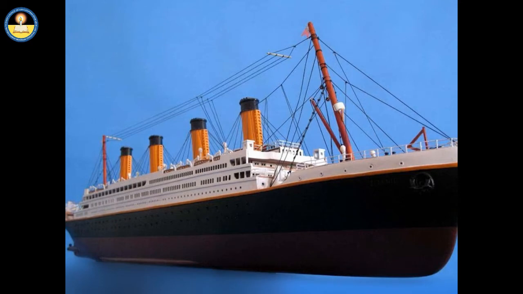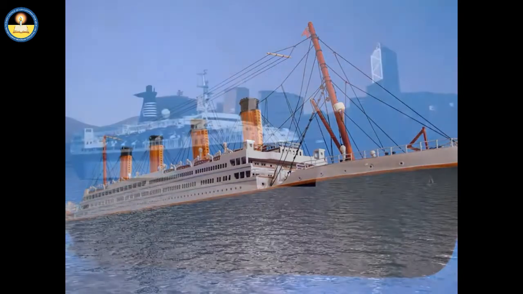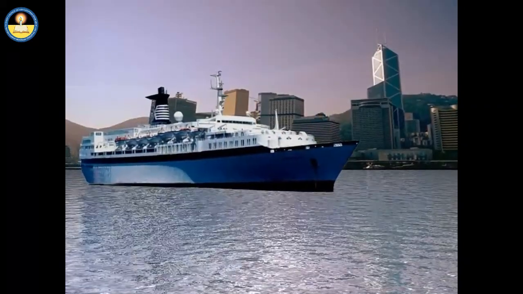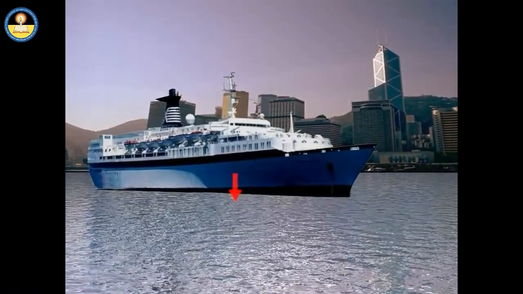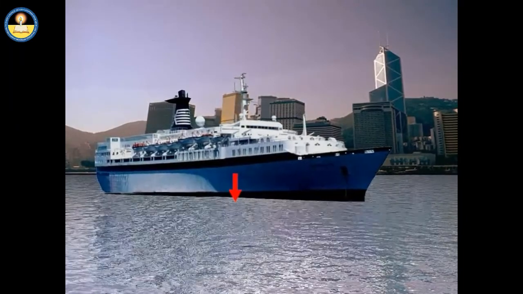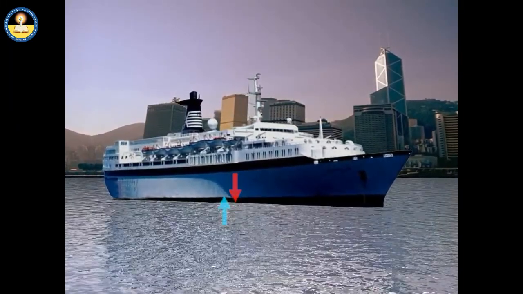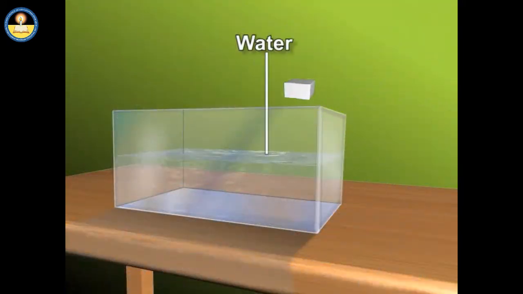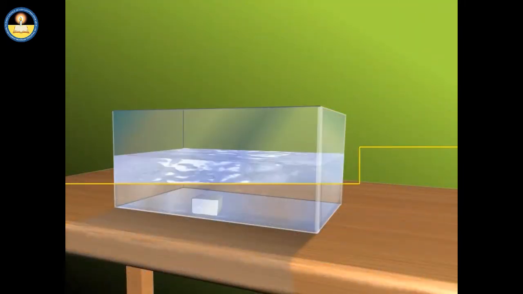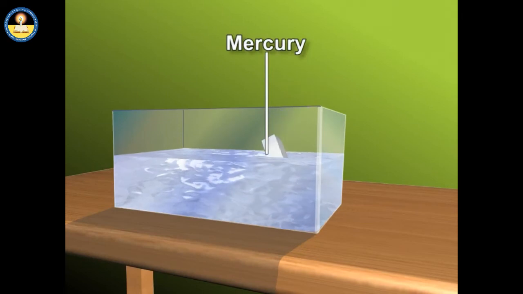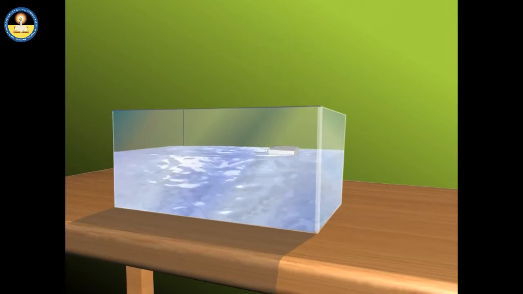Due to this special structure, a ship or a boat displaces a large amount of water. In equilibrium, the weight of the ship and its content is equal to the weight of the displaced water. But a piece of iron sinks in water and floats in mercury due to the different densities of the two fluids.